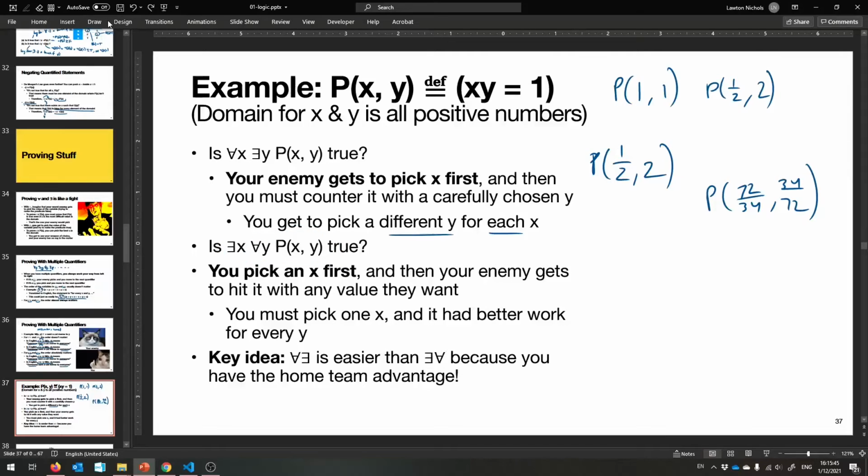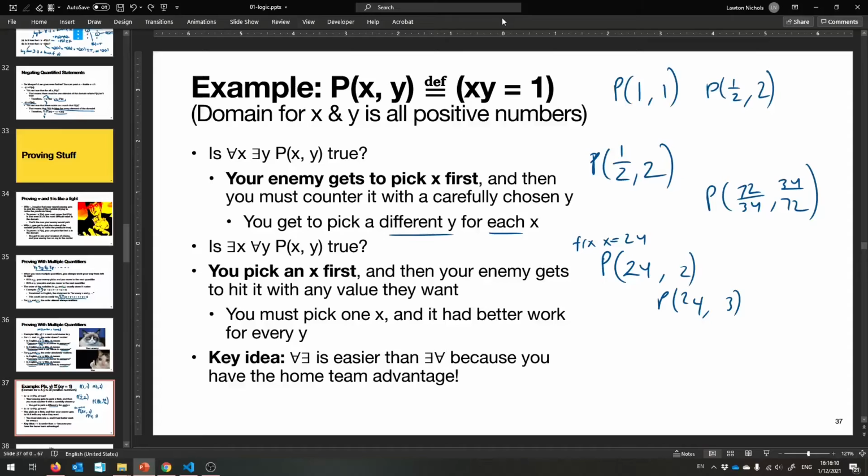So for example, you get to pick your best one. You get to show, like, okay, my best possible X is 24. And now, after fixing that X equals 24, you have to show for all possible Y's, like for 2, P of 24 and 3, it's always true that XY equals 1.